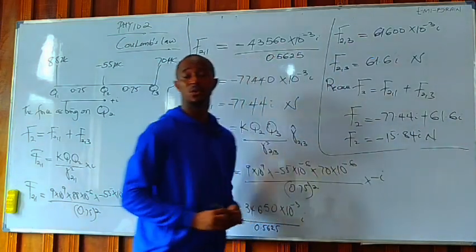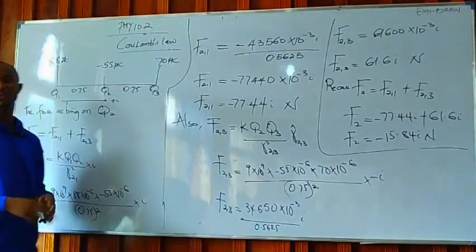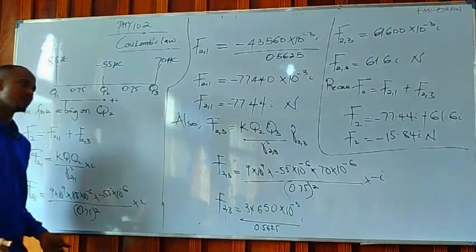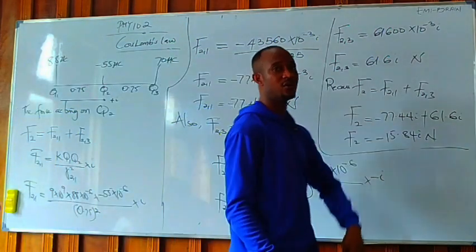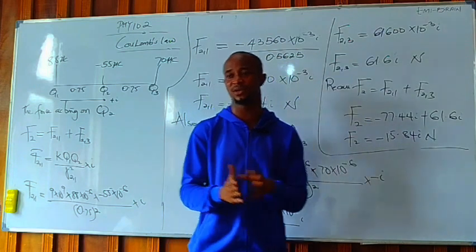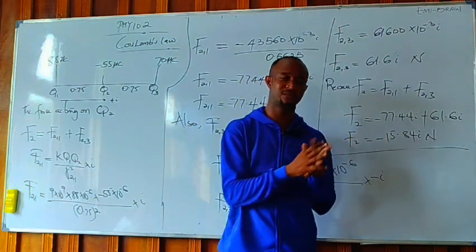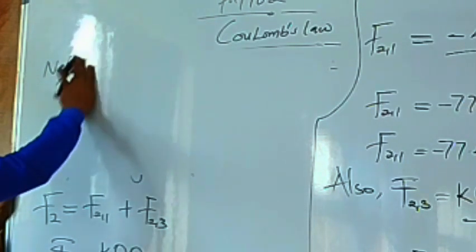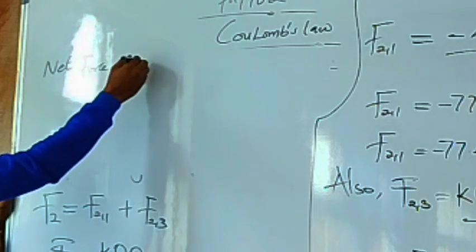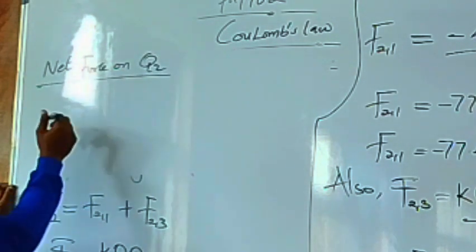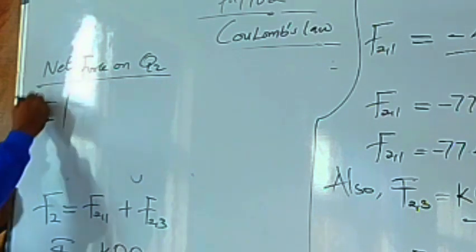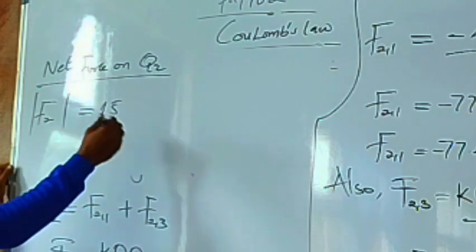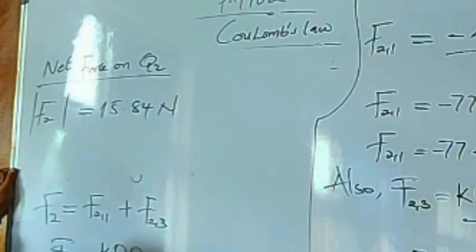Is this our final answer? No. Then we'll look for the net force, right? What's our net force? The net force is 15.84. What's our direction? Towards the negative x axis. Is it making sense now? Our net force on charge 2, this will give us the modulus of F2, that will give us 15.84 newtons.